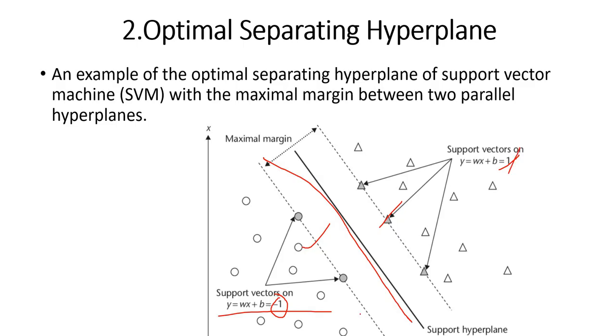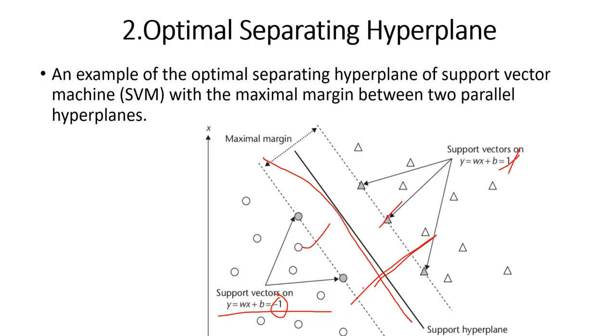The distance between these two lines, normal to the hyperplane, is called the margin. And the SVM tries to select the separating hyperplane in such a way that this margin is as large as possible. That's why we call it the maximum margin classifier.